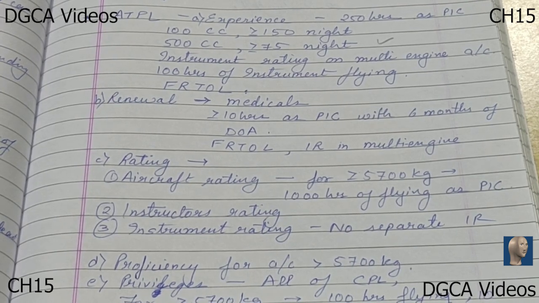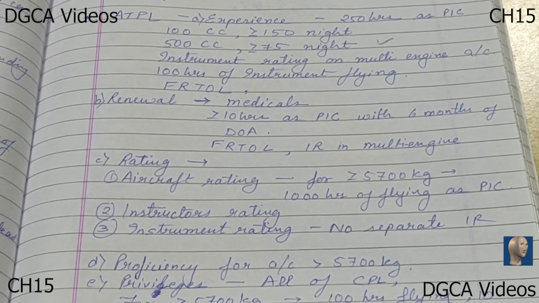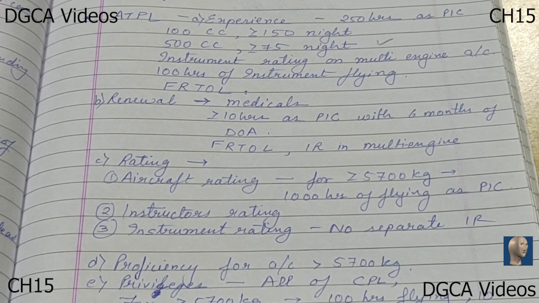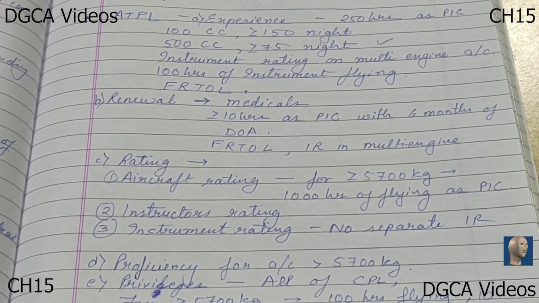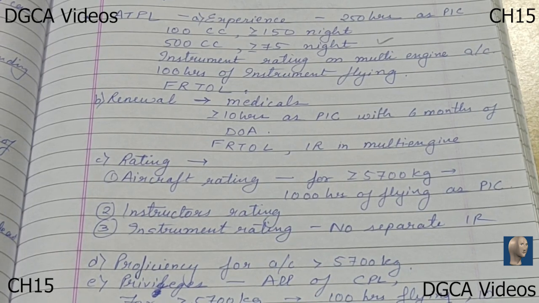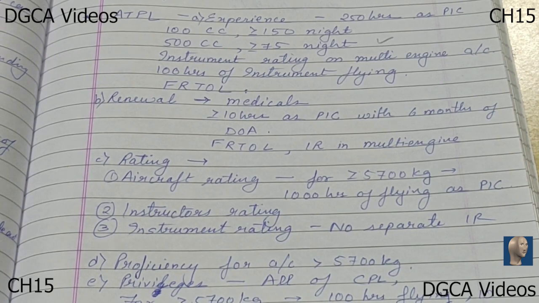Again, the scale is the same. Renewal, fine. So moving to the renewal portion, for renewal of the ATPL license, you should have updated medicals with you, at least 10 hours of flying as a pilot in command within 6 months of DOA, FRTOL license, and IER, that is instrument rating in multi-engine, it should be there.